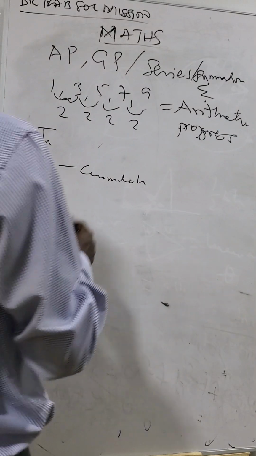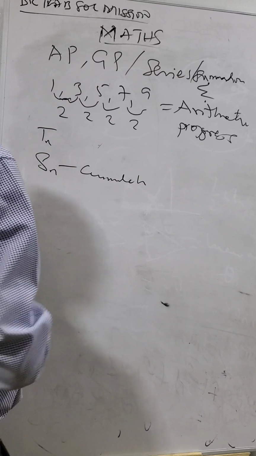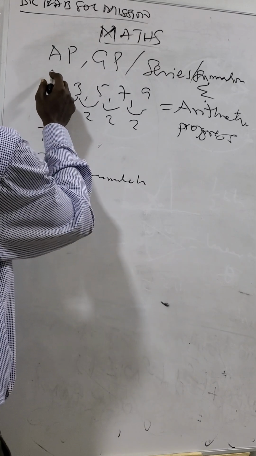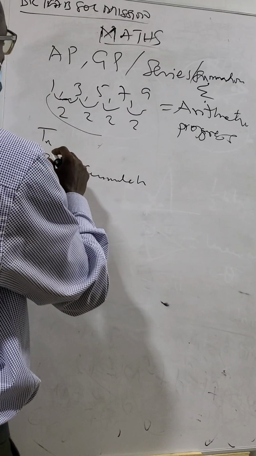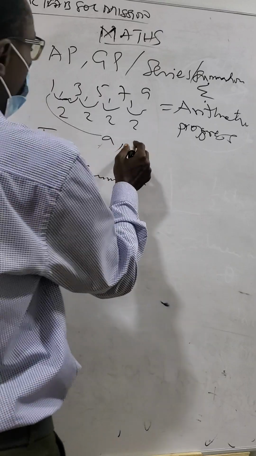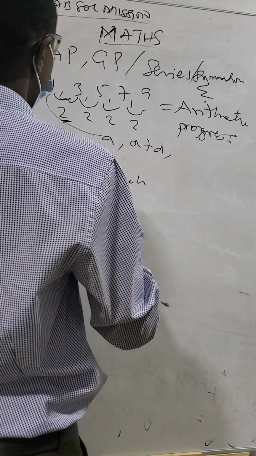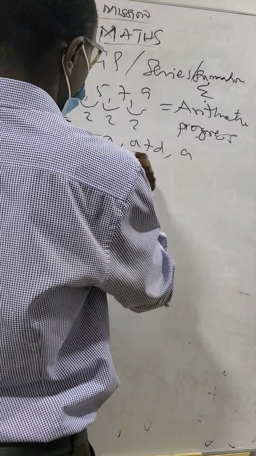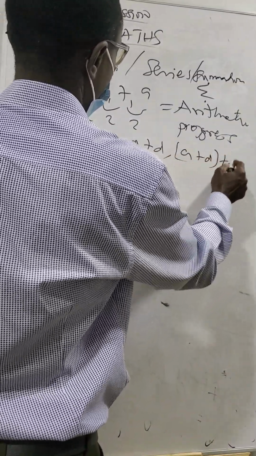With all these at the back of our minds, let's say the first term is A. The second term will be A plus the difference that you are adding. The next term will be what? It will be the previous term plus the difference again.